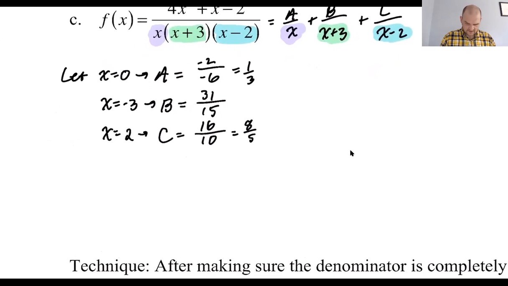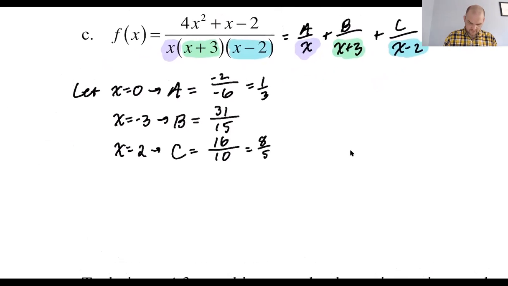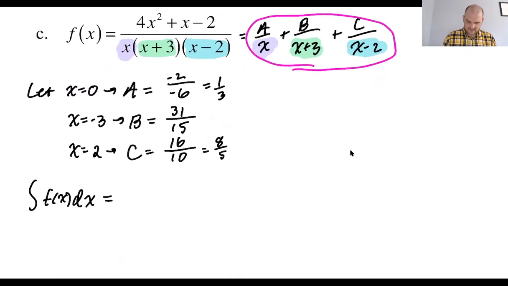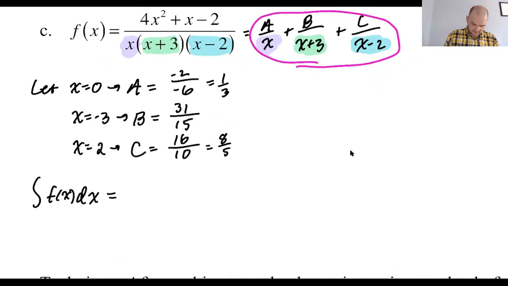All right, so now our integral. I often just write the answer, right? So I need to integrate f of x dx, and I'm looking up here at this because I know all my values. So I know that a is 1/3, and then I'm going to integrate 1 over x. So I'm going to get 1/3 natural log absolute value of x. Okay.